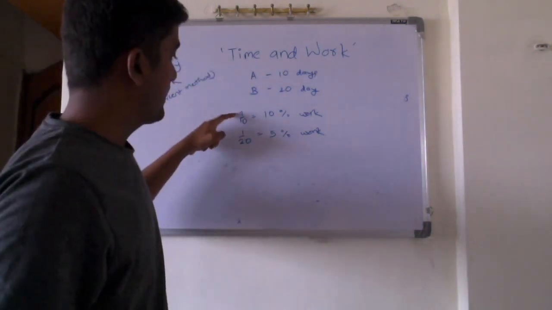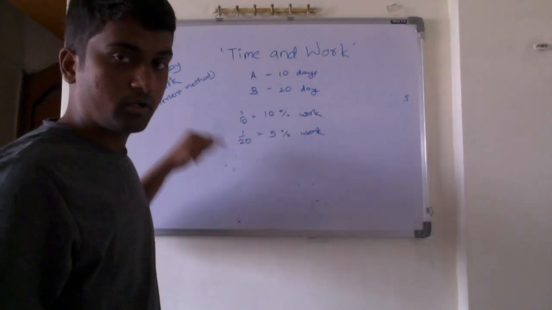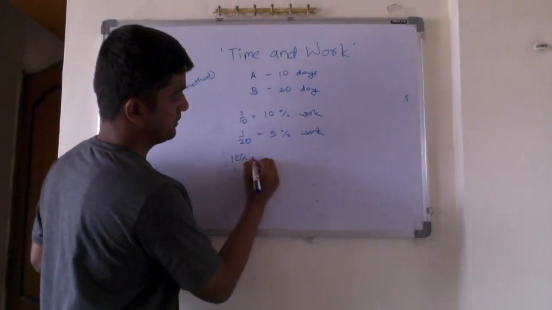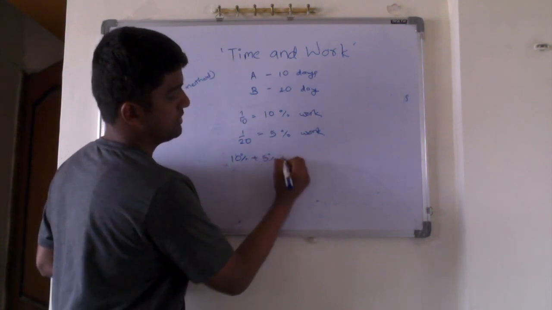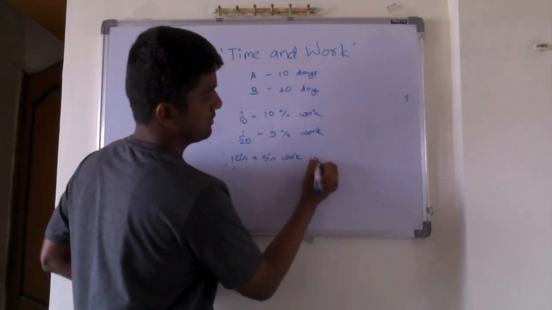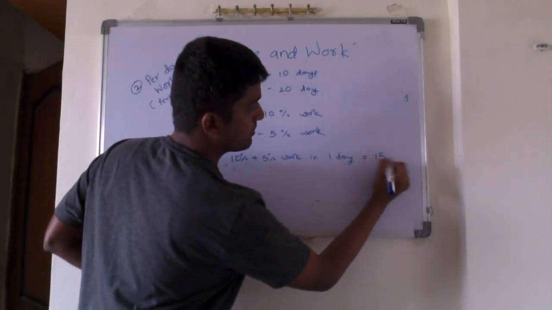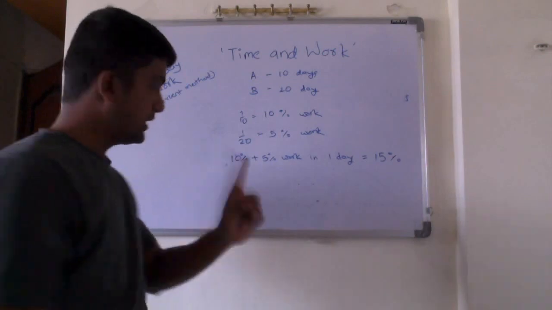If A and B work together, they'll be completing 10% plus 5% work in one day, which is equal to 15%.